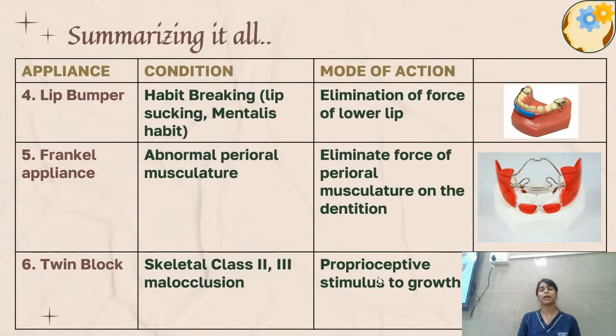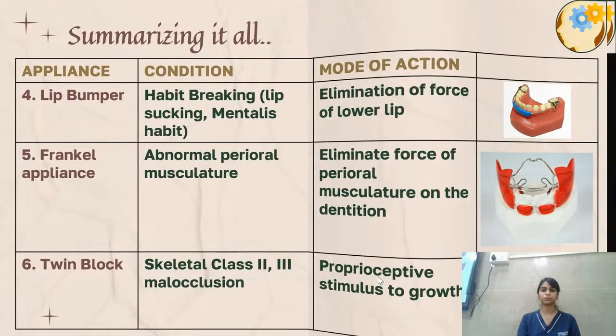Lip bumper, again like oral screen, acted by force elimination. Frankel appliance acted by force elimination and by applying the periosteal pull to allow osteogenic response. And twin block, which is different from all of these, used the occlusal inclined plane, which acted as a proprioceptive stimulus to growth to allow condylar remodeling to occur.